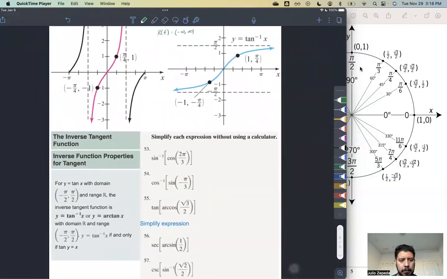The domain of this tangent inverse function is all real numbers. And the range is negative pi over 2 to positive pi over 2 without including those endpoints. That's very similar to sine. So that's kind of nice.